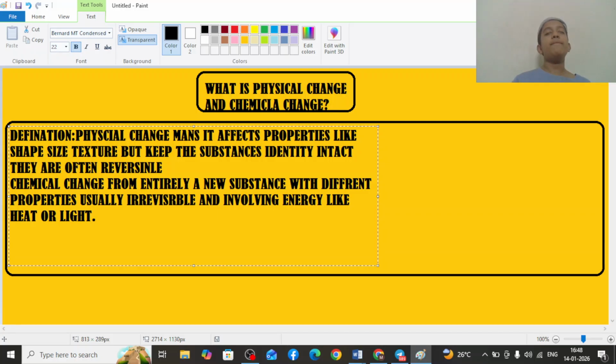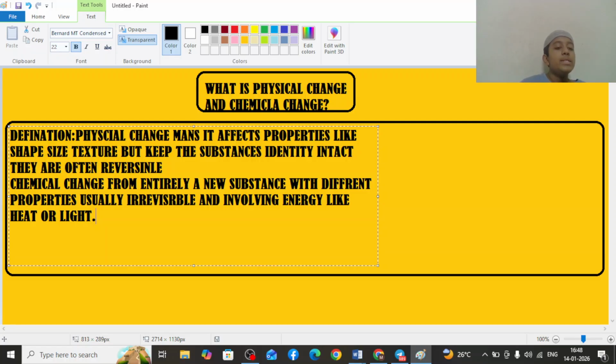Now, what do you have to understand with this? What is the chemical change? Chemical change means forming an entirely new substance with different properties. Usually they are irreversible, and they involve energies like heat or light.